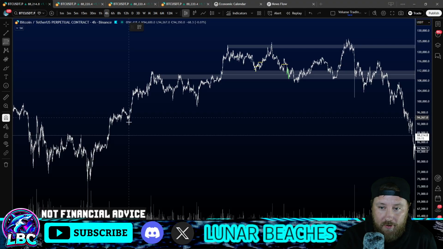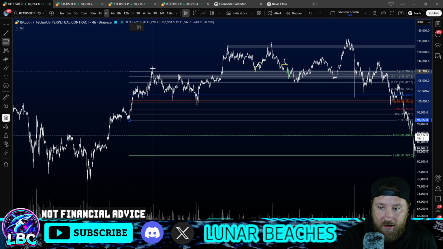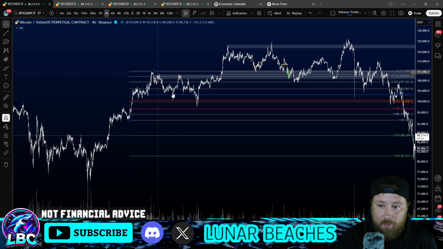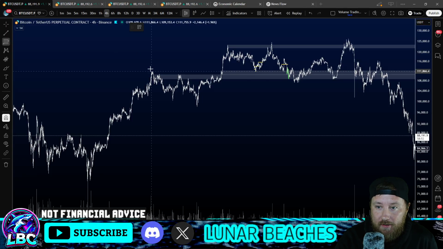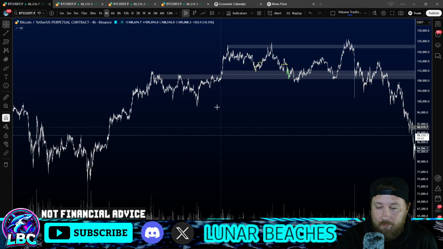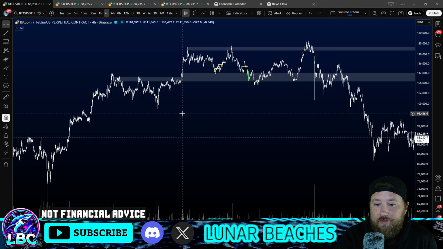So I'm going to put my fib from low to high because I'm looking for a pullback, not for continuation. And we get a pullback to the golden pocket twice. Okay, and then we get a positive reaction off of that. And then from there, we go from this high to this low. And there you go. You get up to the 1.272 and the 1.618. Perfect. Absolutely perfect. So those are the main levels to watch.